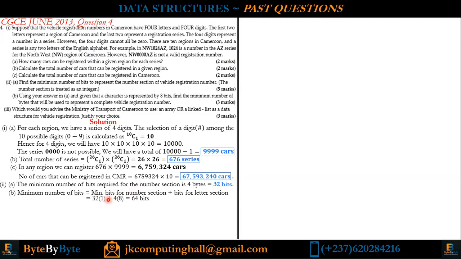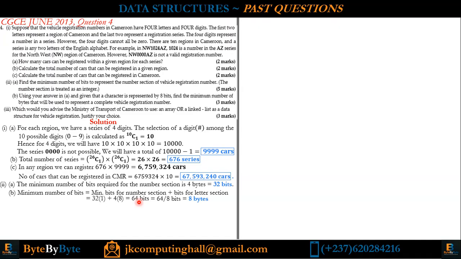And for the letter section, since I'm having 4 different letters and the question says a character is represented as 8 bits, I have 4 times 8. This is 32, plus 32. That gives us 64 bits, which gives us 64 divided by 8 bytes. So the minimum number of bytes to use when representing a registration number is 8 bytes.